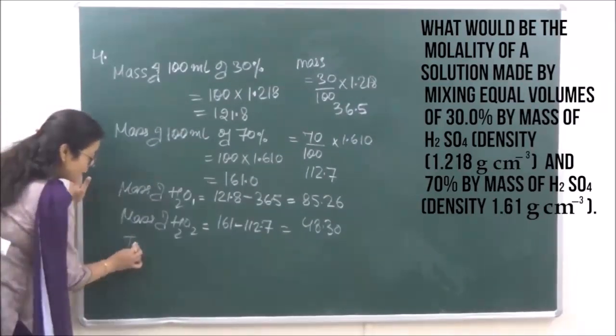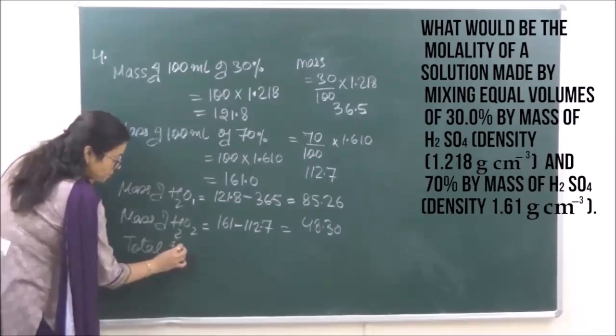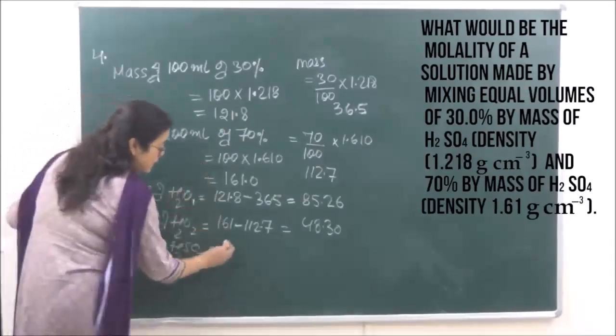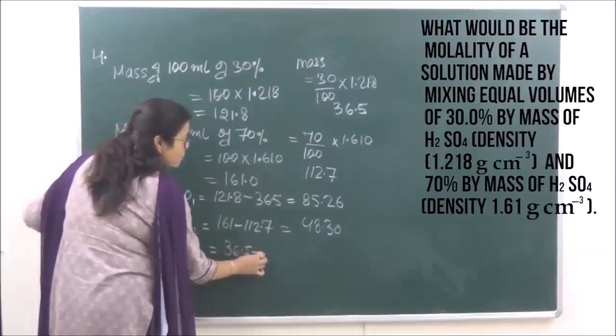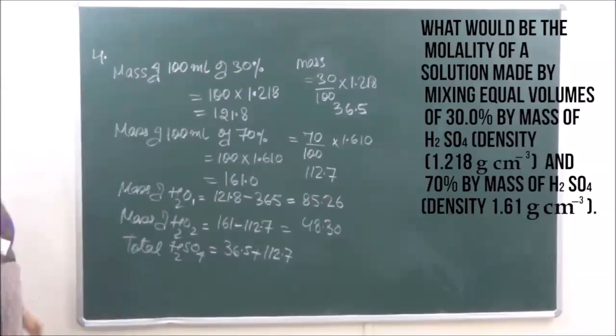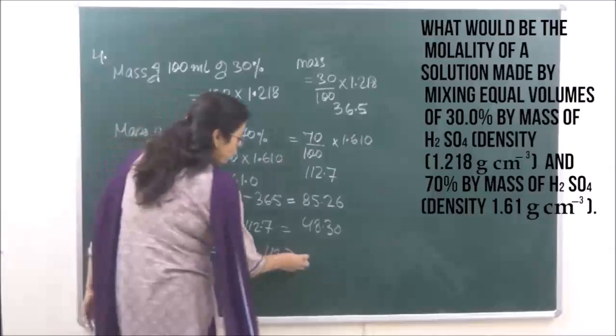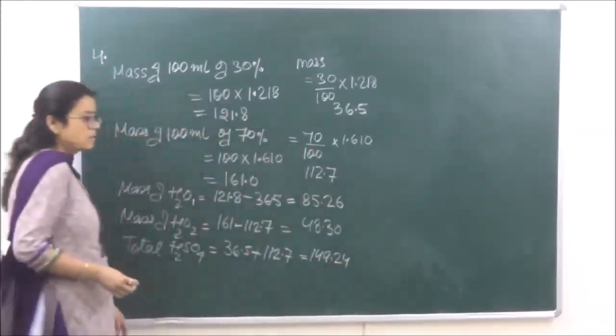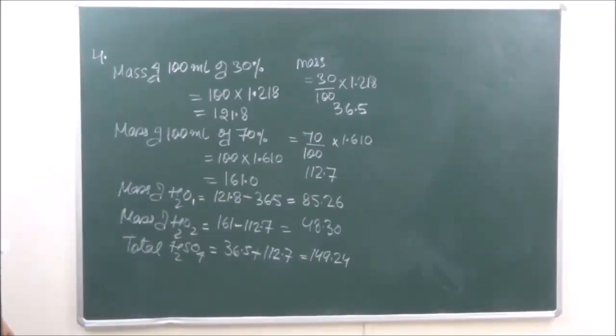So total H2SO4 present will be equal to 36.5 plus 112.7. This when calculated comes to 149.24.